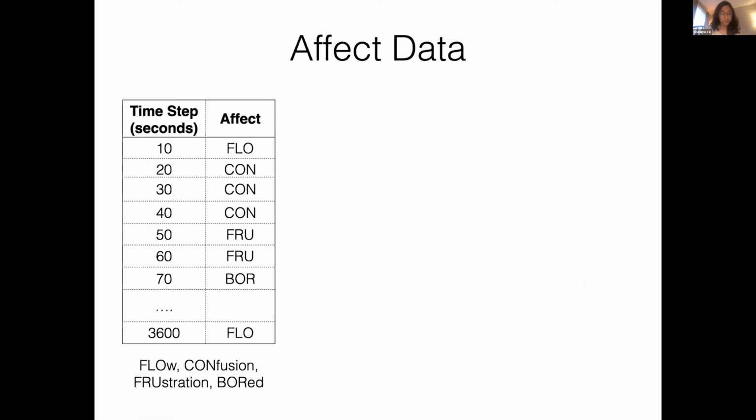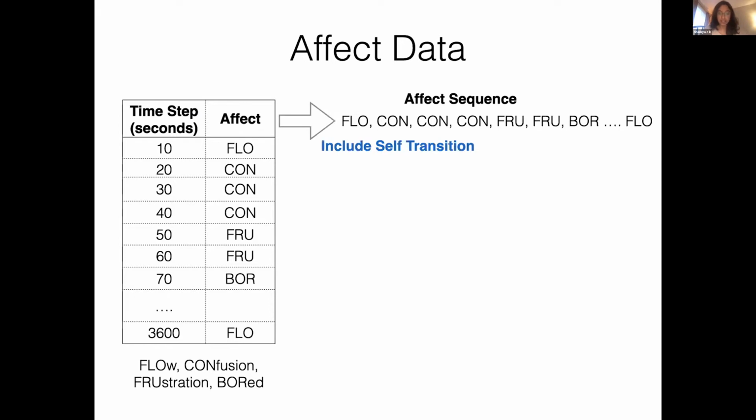So going back to the previous example of the affect data, an affect sequence in these studies where self transitions are excluded is usually transformed, where they remove states where the student remains in the same state for multiple durations.